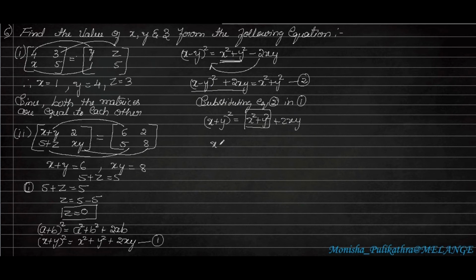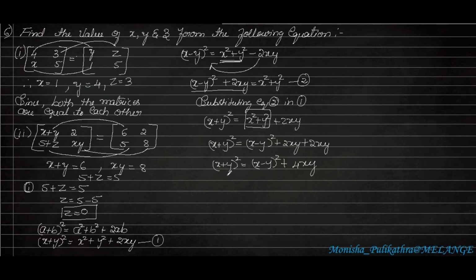That is x plus y whole square is equal to, instead of x square plus y square, I will be substituting x minus y whole square plus 2xy. Next here again one more 2xy is there, so write down 2xy. So x plus y whole square is equal to x minus y whole square plus 2xy will become plus 4xy.